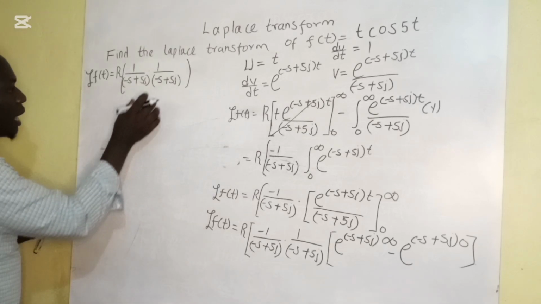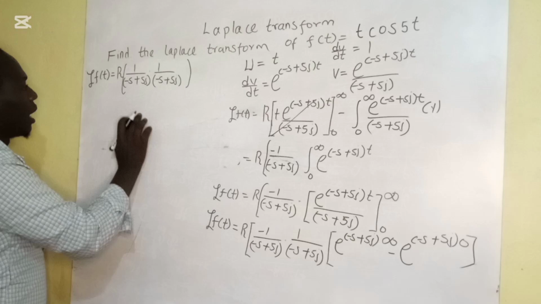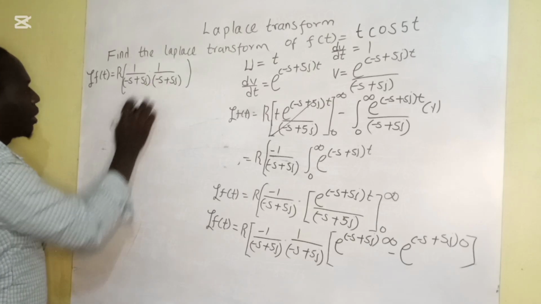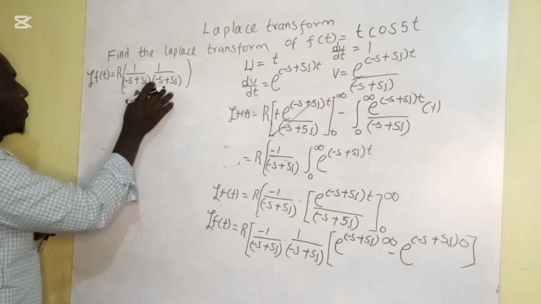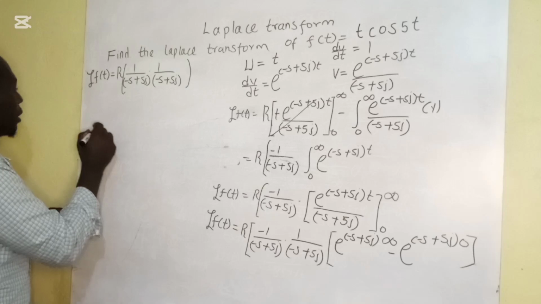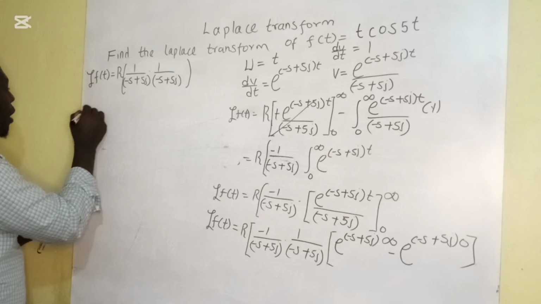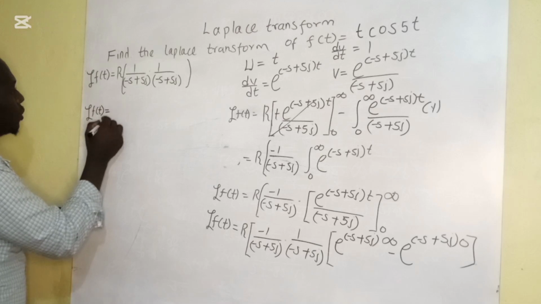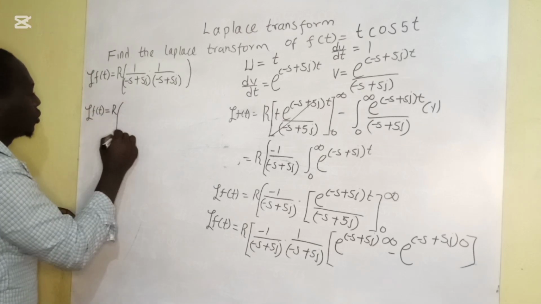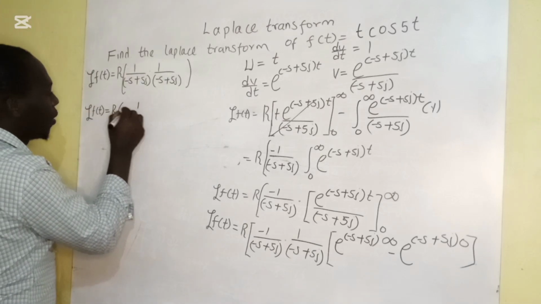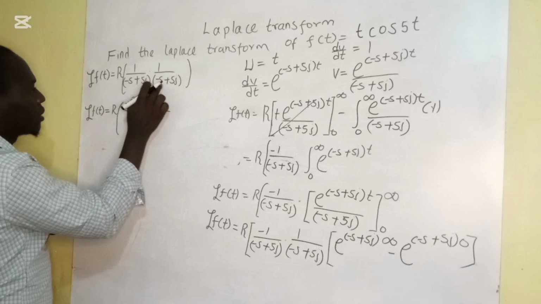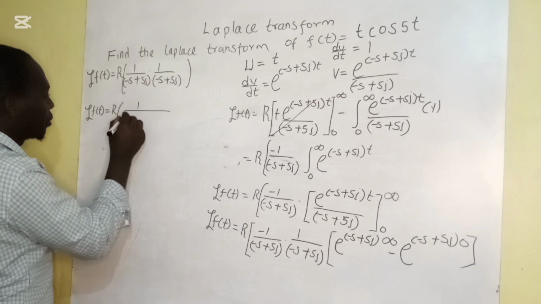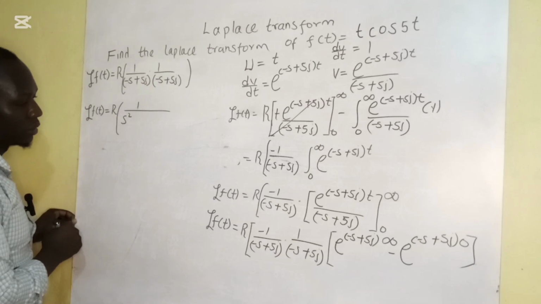Here now we can come and open our brackets by multiplying the denominators together. And we are going to have the Laplace transform of our function f of t is going to be equals to r into 1 all over negative s multiplied by negative s, we are going to have s squared.